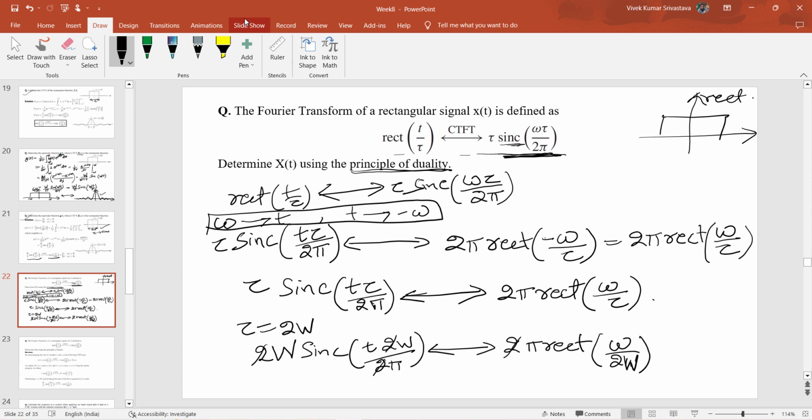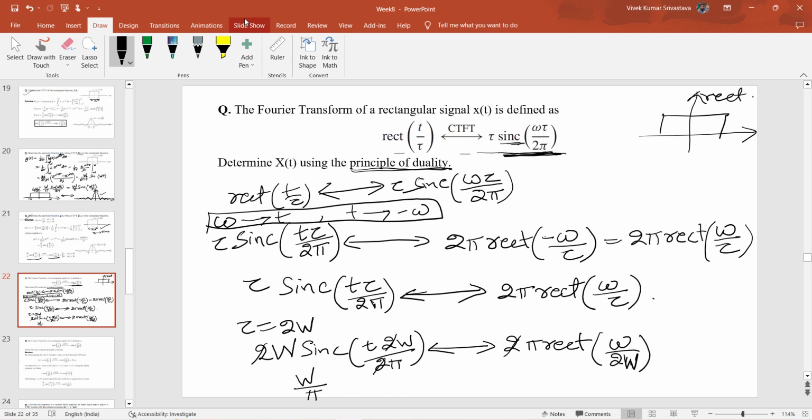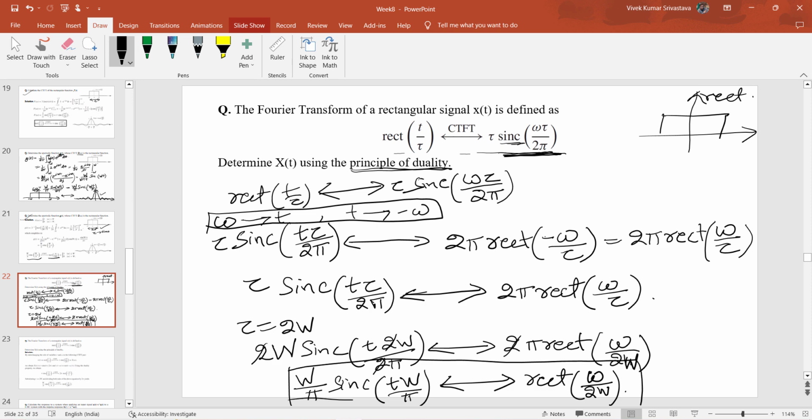So now this pi I will take in the divider of the left hand side. Okay, so w by pi sinc of tw by pi will give Fourier transform as rect of omega by 2w. Okay, so that is how we can use the duality property.